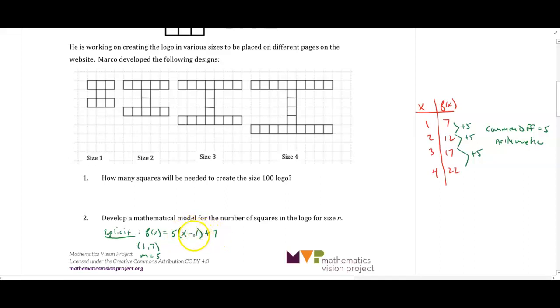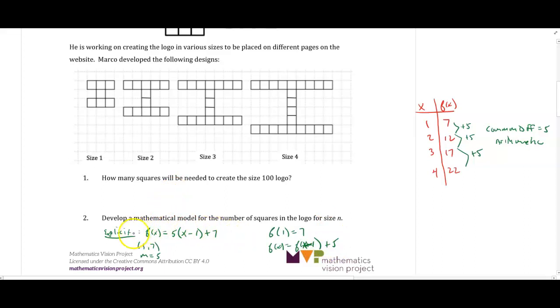Now I could also write the recursive rule, just to let you guys know. That would be f of 1 equals 7, then f of x equals our previous term, f of x minus 1, plus 5.